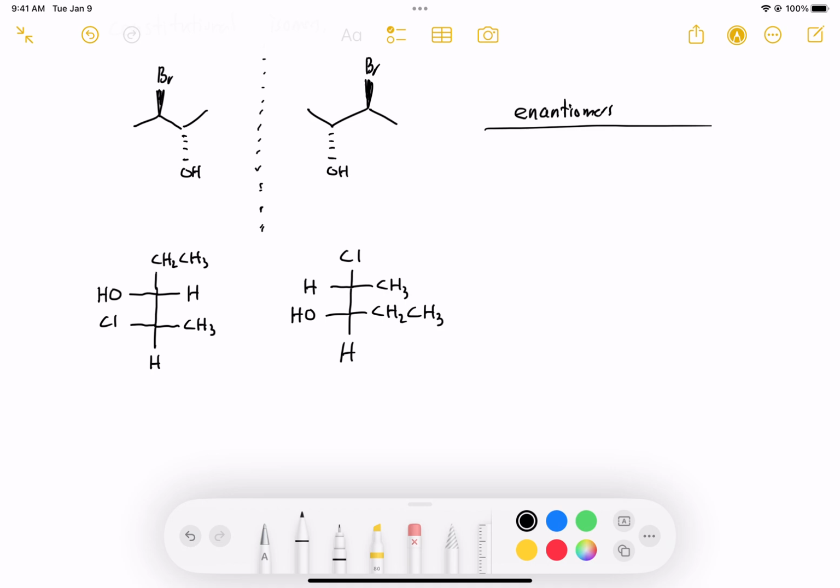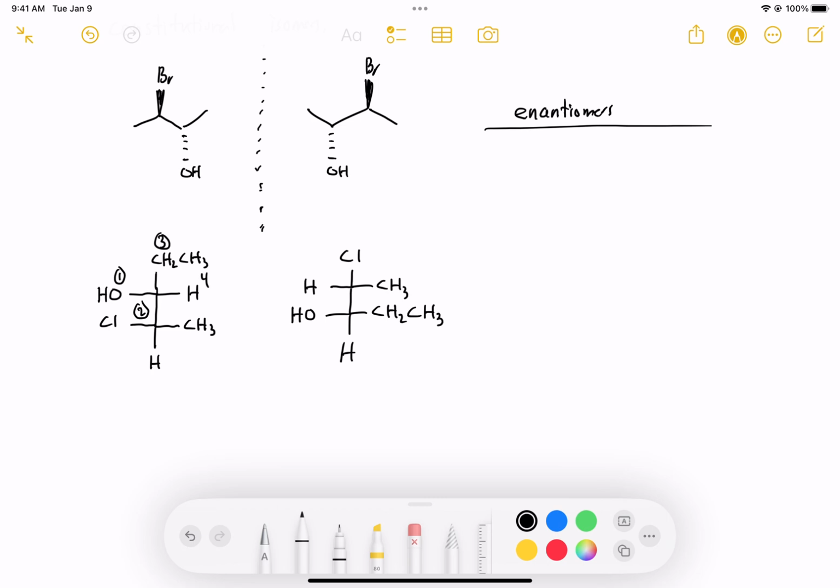Now, let's think about what's going on here. Okay, so I think the easiest thing to do, if you don't want to rotate things, is assign each of the stereocenters R or S. Let's go with the first one. 1, 2, 3, 4.